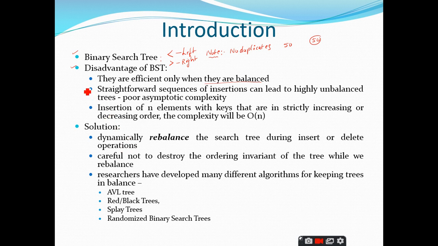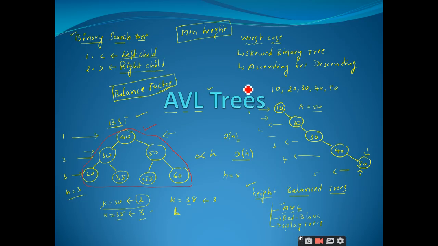But a straightforward sequence of insertions can lead to highly unbalanced trees, right? This type. And the worst case scenario we will get whenever we are constructing a binary search tree in ascending order or in descending order.